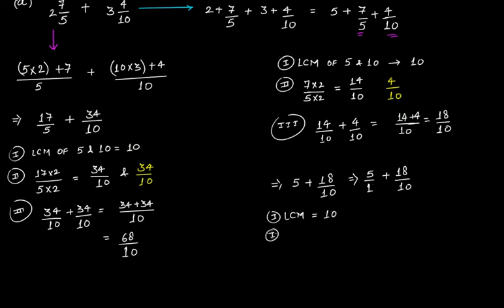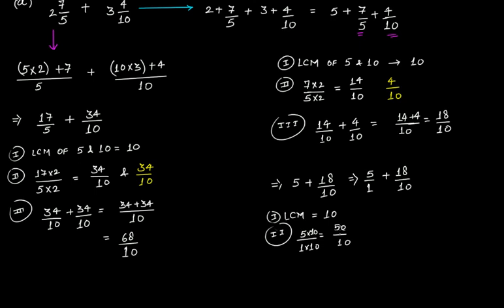The second step will be to convert this fraction into an equivalent fraction having denominator as 10. So if I multiply 1 with 10, then I'll get denominator as 10, and since I have multiplied 1 with 10, I'll also multiply 5 with 10.